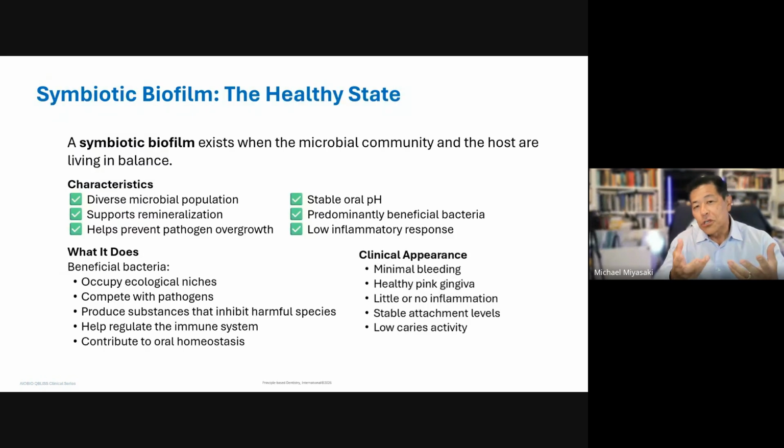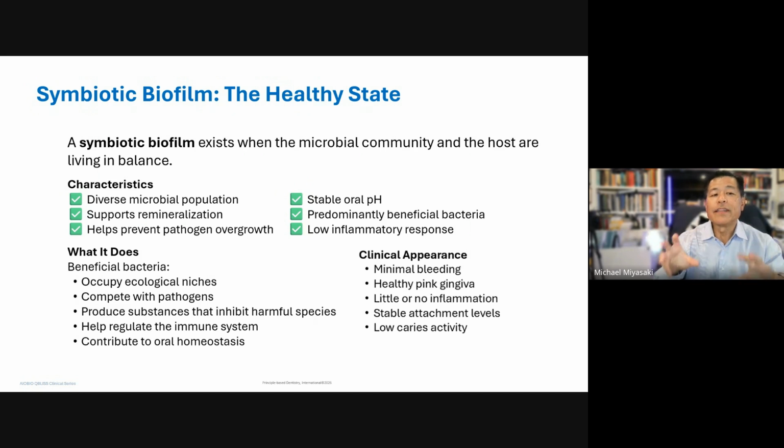So we have the good biofilm that exists. It's kind of like a rainforest community. You have the foliage, you have all the greenery that's growing, you have all the wildlife, and it all supports each other. But it's all very healthy. So the characteristics of this type of biofilm in the mouth is it's going to be a very diverse microbial population.